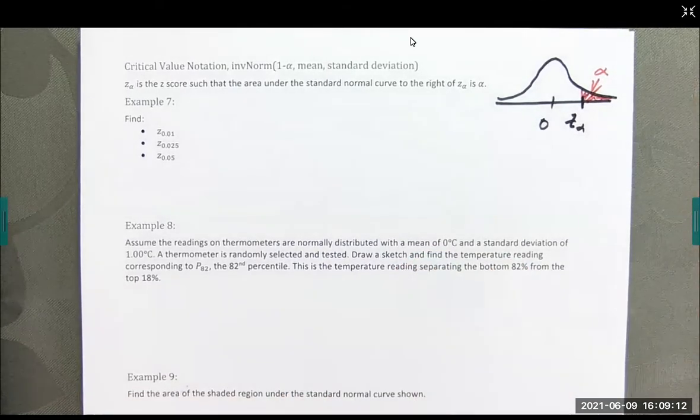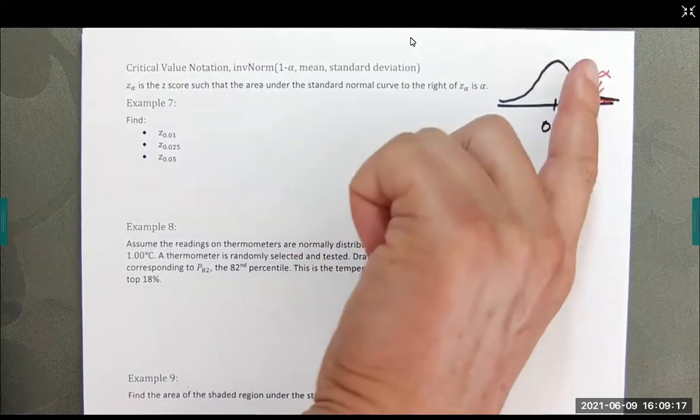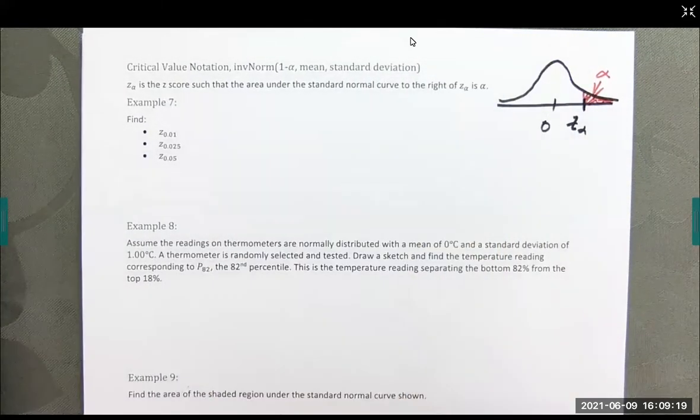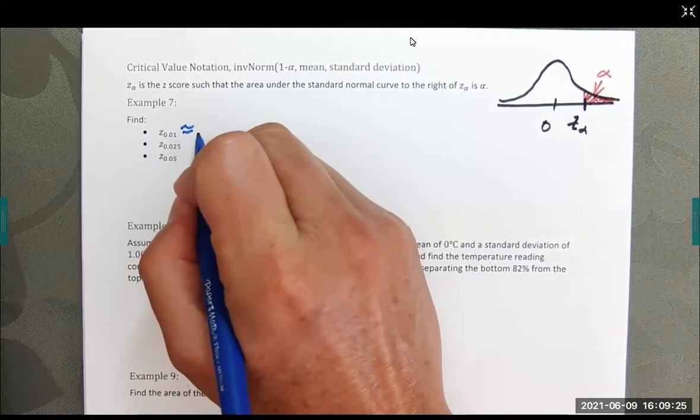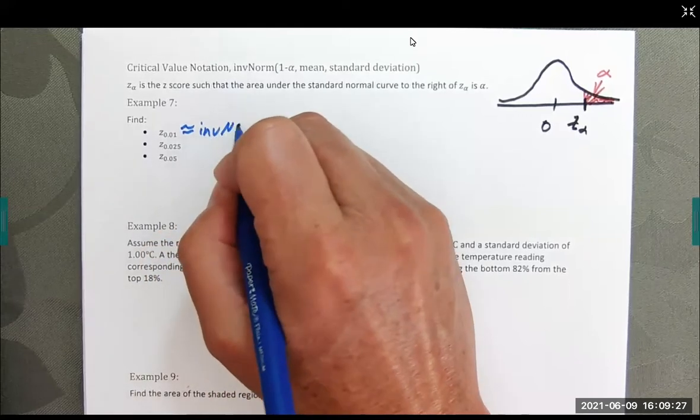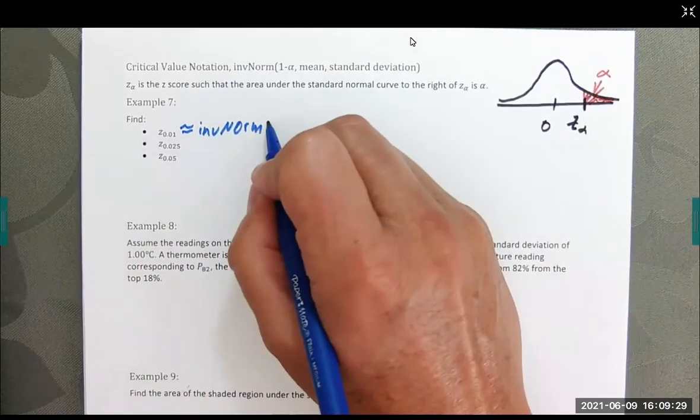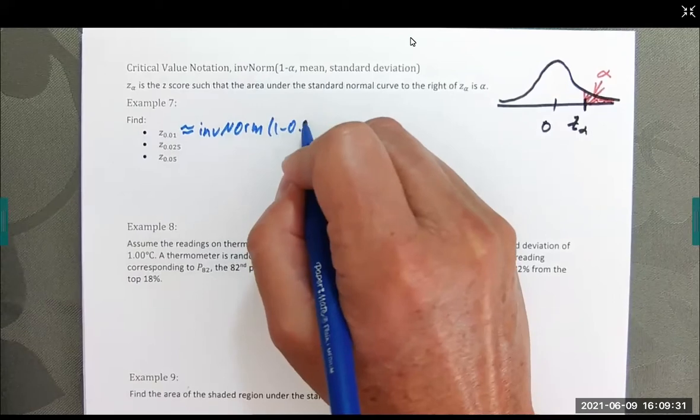That area is alpha. So I'm going to have to always put it in my calculator as 1 minus, because, again, my calculator only knows area to the left. So this is going to be inverse norm 1 minus 0.01.